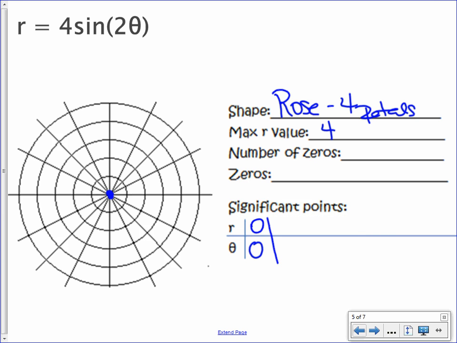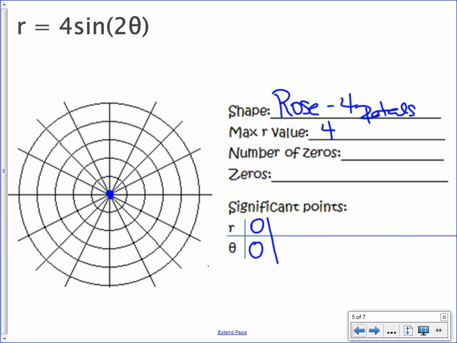Which means we do not know where to place our first petal, do we? How are we going to determine where we place our first petal? Any ideas? We do, but how do we know where that's going to be?